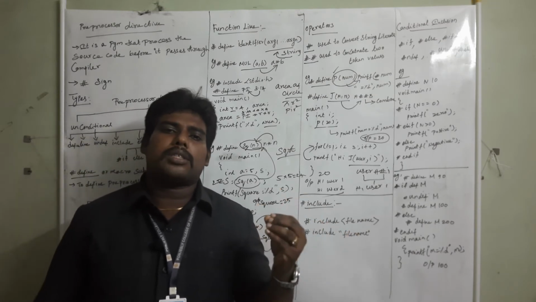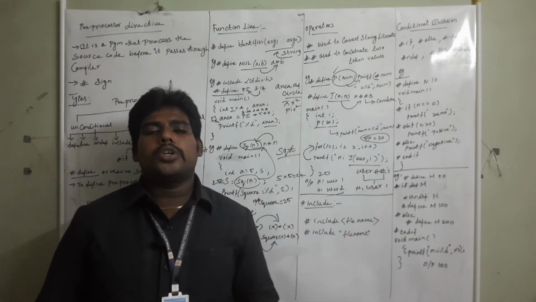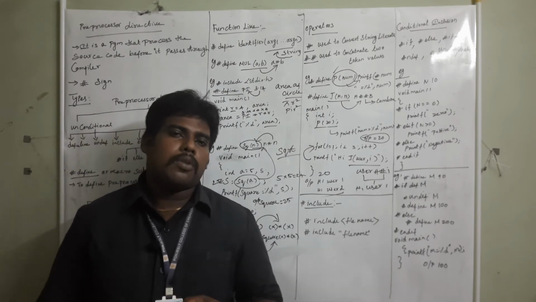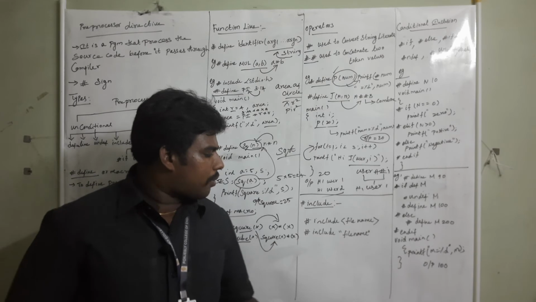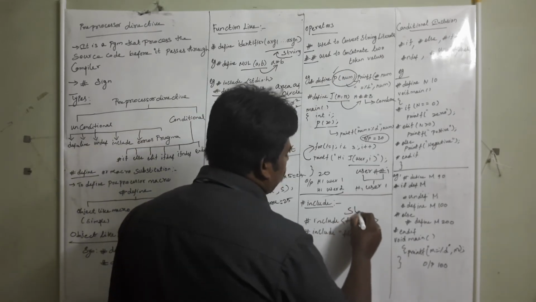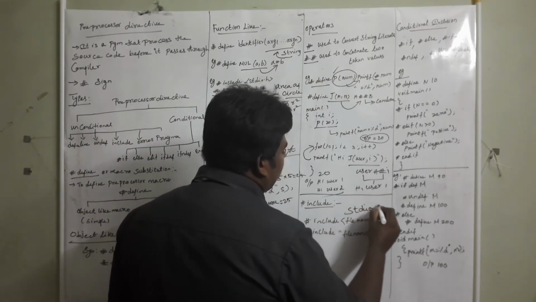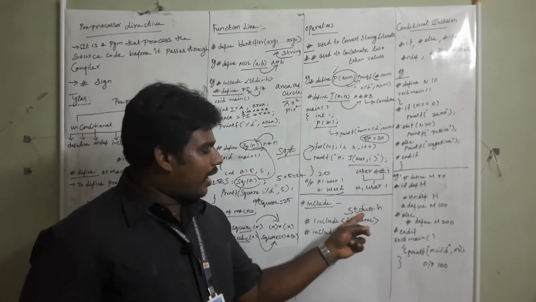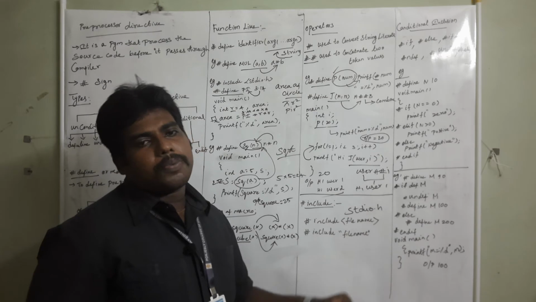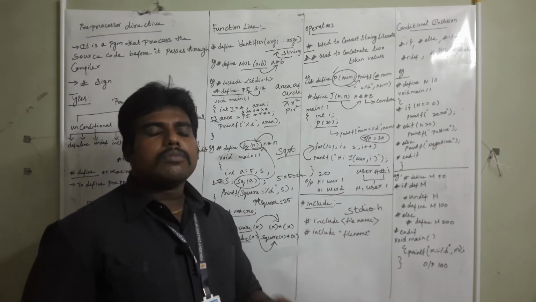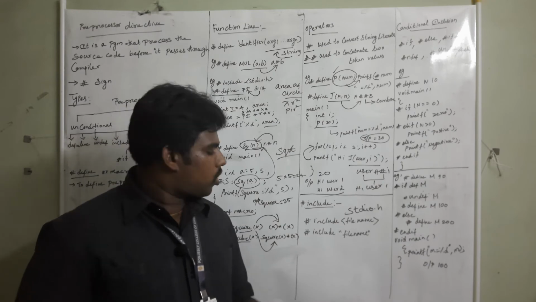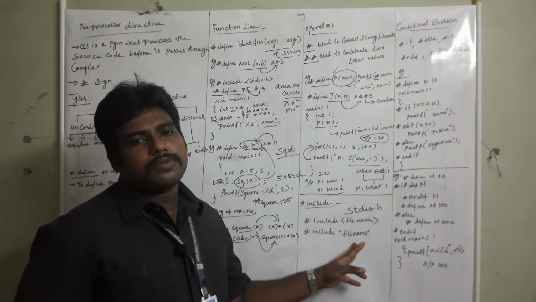Include is a preprocessor directive which is used to include the whole thing in your program, used to link in your program. Normally you are using stdio.h, right? What's the meaning of it? You are including all the standard input output functions in your program. Similarly, you can use another program in your program also by giving this file name.